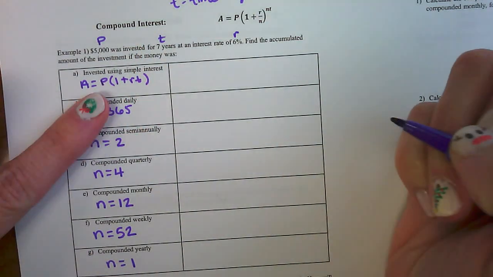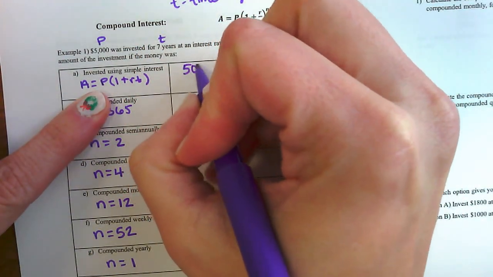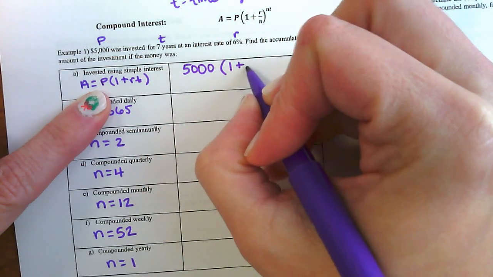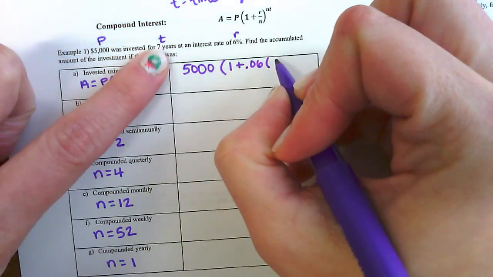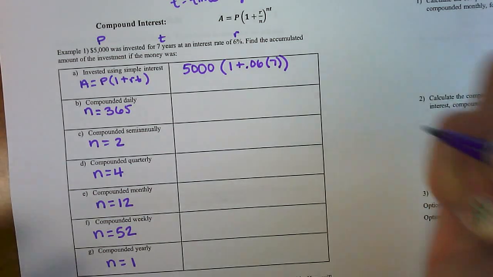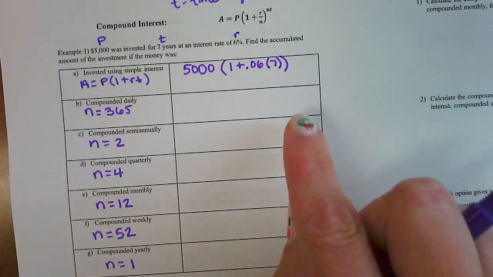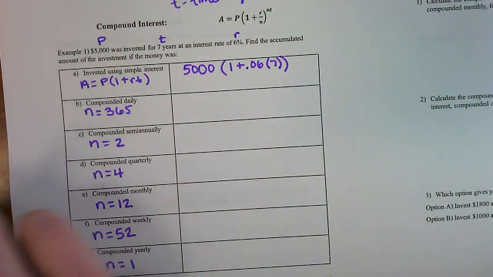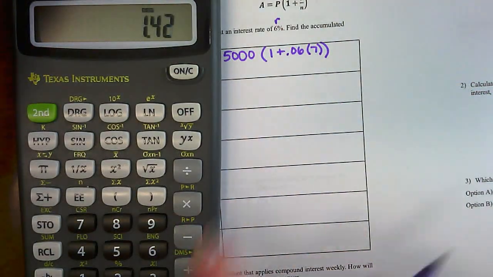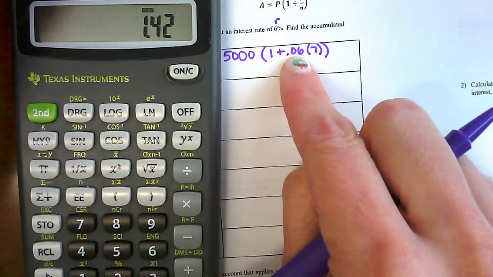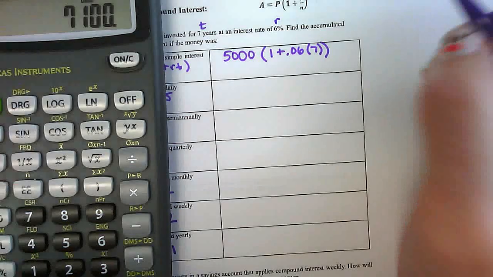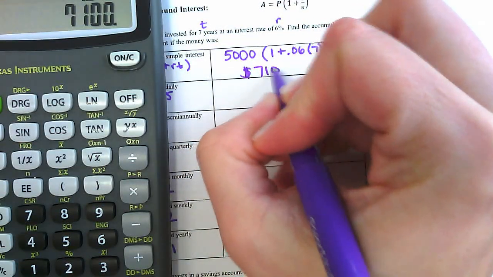Okay, this was our formula, so we're going to say 5,000 times 1 plus our rate, 0.06, our T is 7. We're going to take this step by step and multiply on the inside, 0.06 times 7. Then we're going to add 1. So now we've finished inside the parentheses, and then we multiply by 5,000. And we get 7,100.